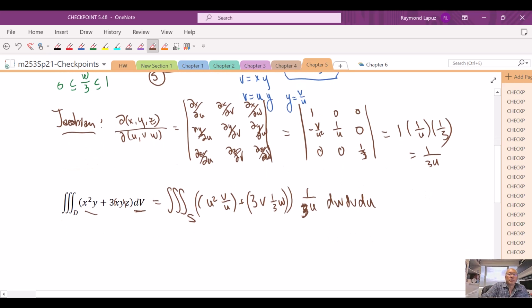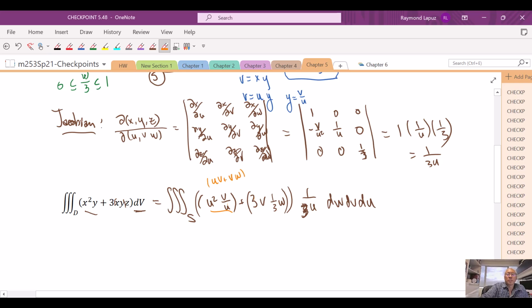All right, let's simplify a few things. When we simplify, I'm going to get this to just be uv, because one of the u's goes away, and here the 3's are gone, and this is just vw.